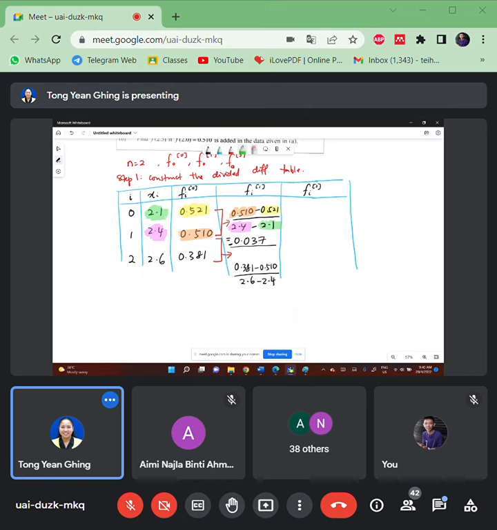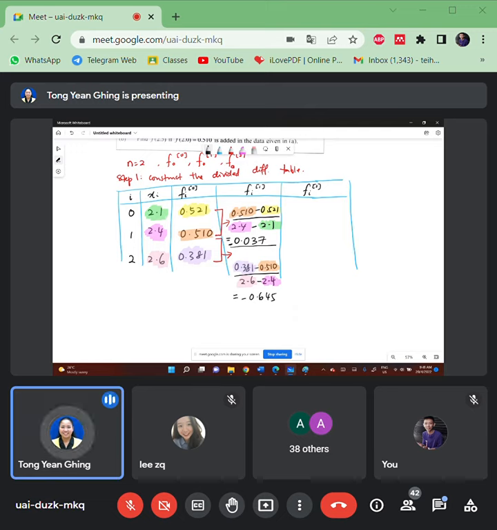So kat sini, we will have to consider these. 0.381 minus 0.510, lepas tu 2.6 minus dengan this one 2.4. Boleh. So you get negative 0.645. Okay, dah.